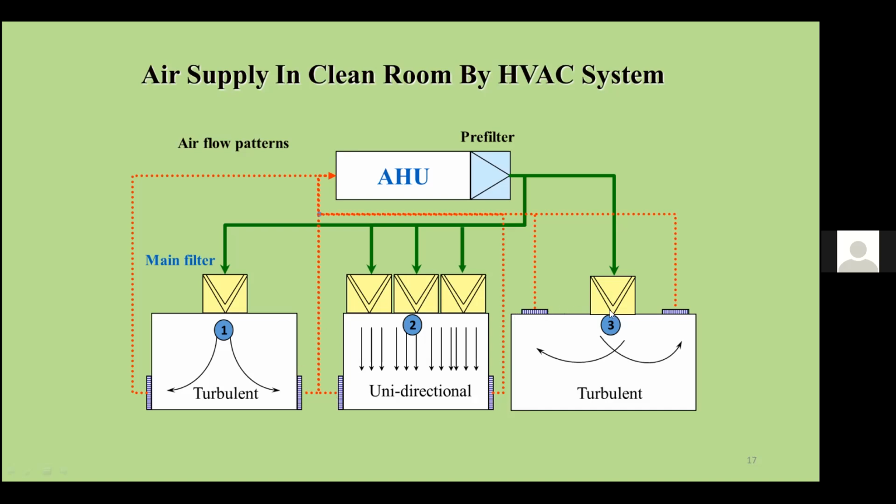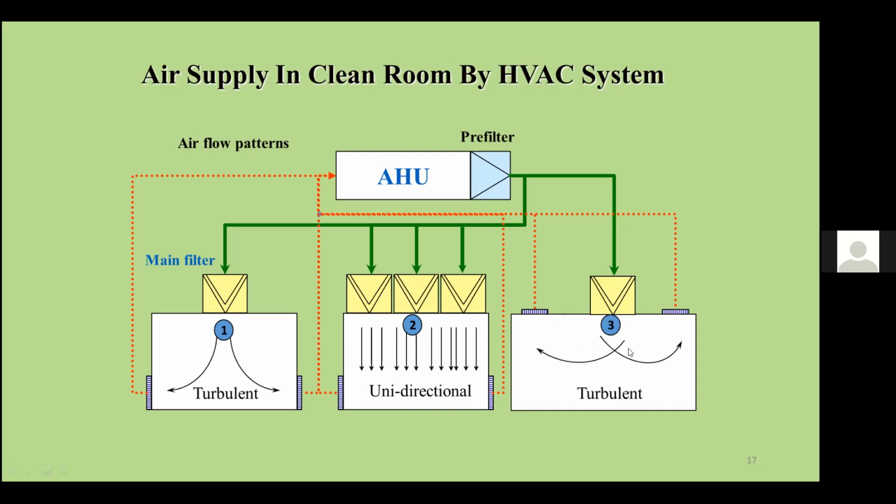And the third one is again turbulent flow, but this one is different. To make this type of turbulent flow, we use a dispenser unit below the main filter. Due to that dispenser unit, it creates a different kind of turbulent flow.